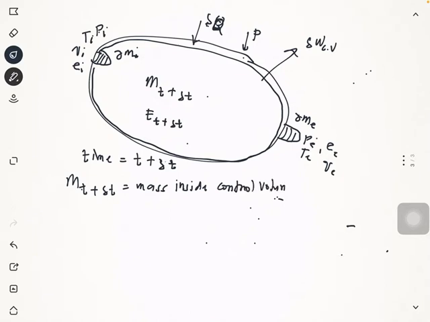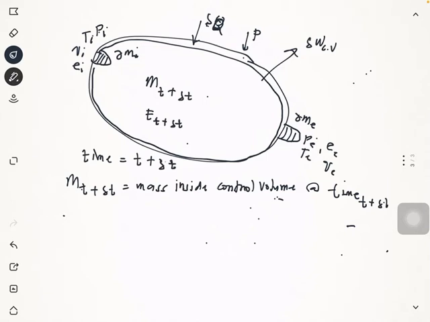Mass inside our control volume. Okay, so at a given time t plus an exact differential of t.